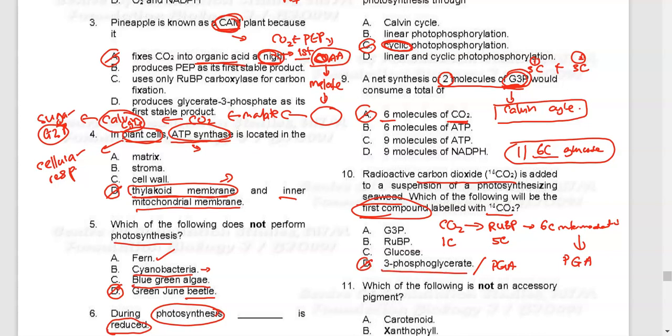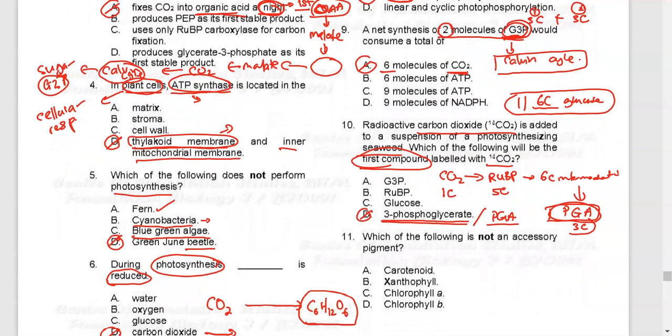For the Calvin cycle, this is the first product of carbon fixation that will be produced. It is a 3-carbon sugar. That's why the Calvin cycle is also known as the C3 pathway, because the first product is a 3-carbon sugar, which is 3-phosphoglycerate, or PGA.